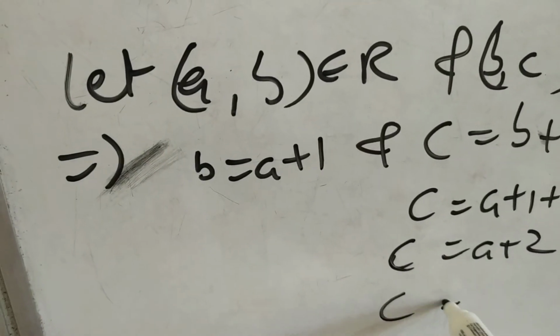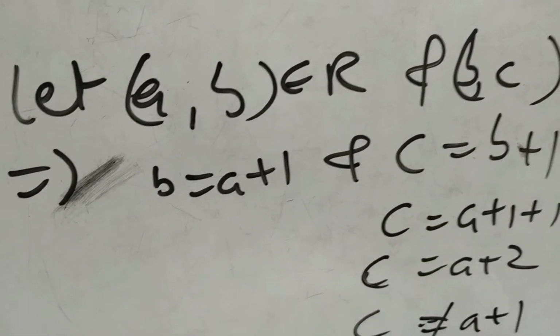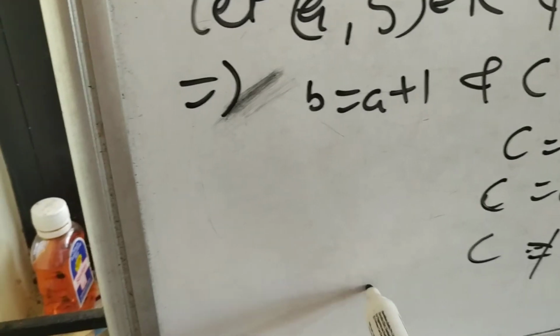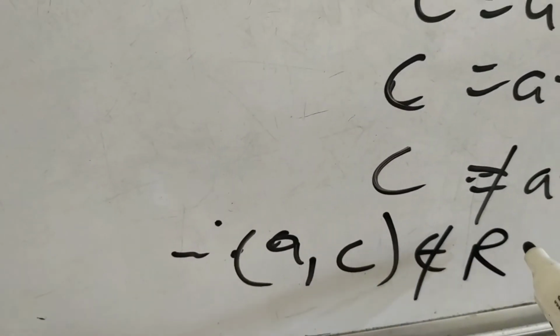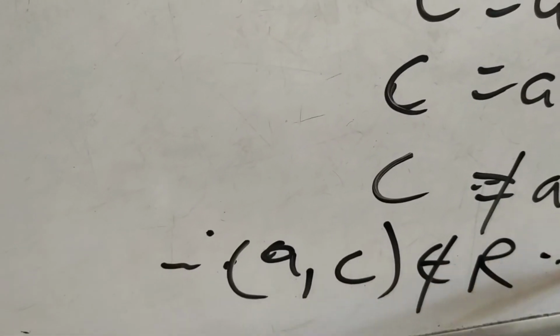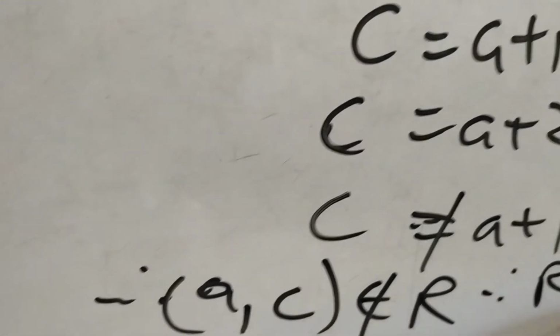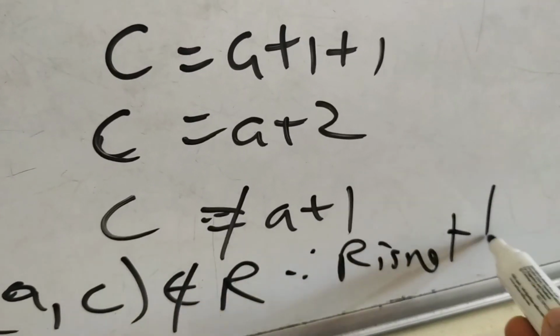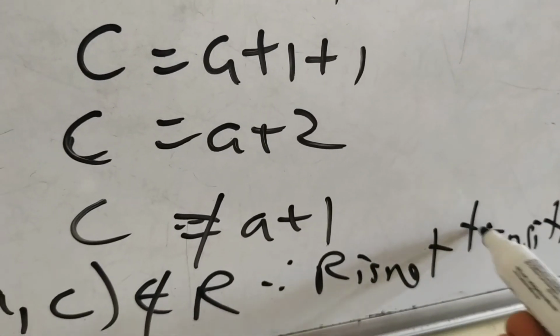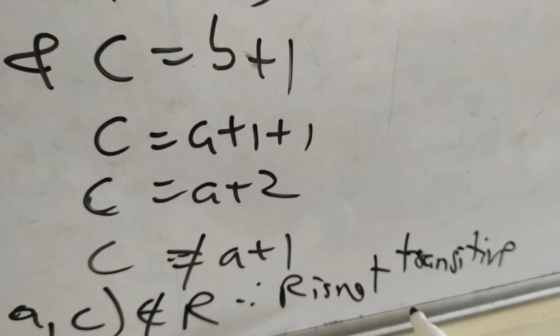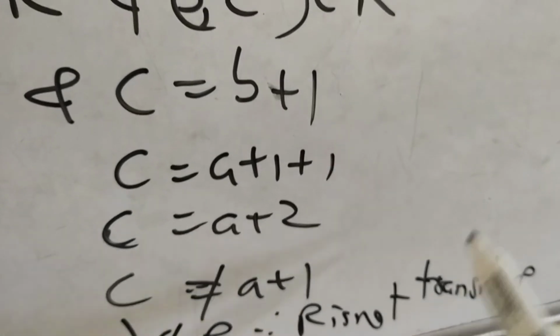Therefore, C is not equal to A plus 1 and therefore (A, C) does not belong to R and therefore R is not transitive.